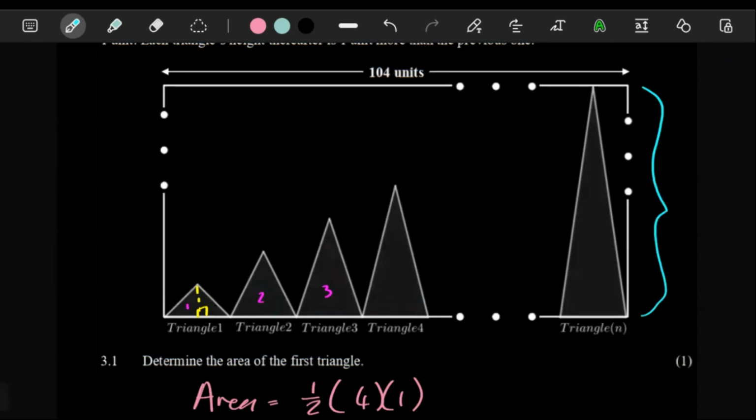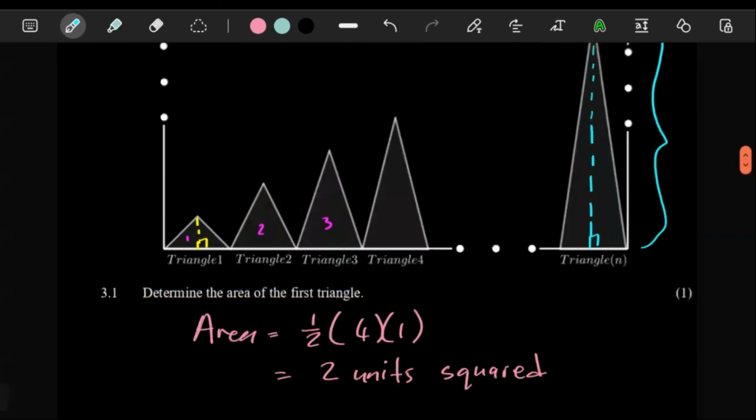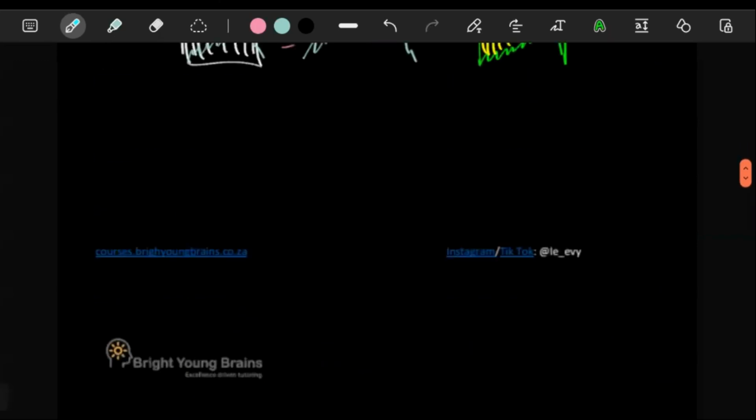As long as we know the number of triangles, we will automatically know what this height is, because we already saw that the height of each triangle gives us the position of that triangle. So our job here is not difficult at all. We just need to find out, in a space of 104 units, how many of our triangles do we have? So let's do that first.